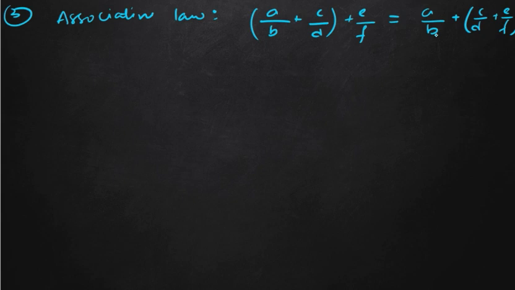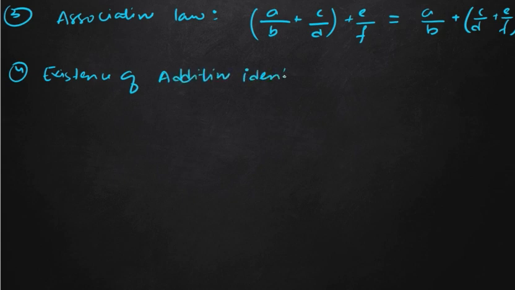Okay, so property number 4 and 5 are important, that is existence of additive identity. Okay, so how do we have to think? Suppose we have a rational number a by b, so what should be added to this rational number so that the answer is a by b only?